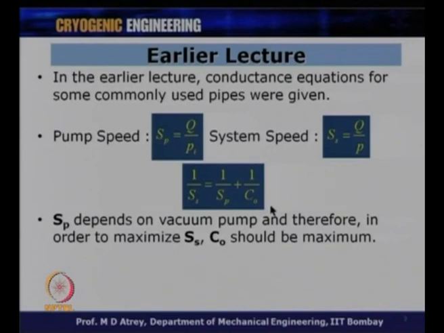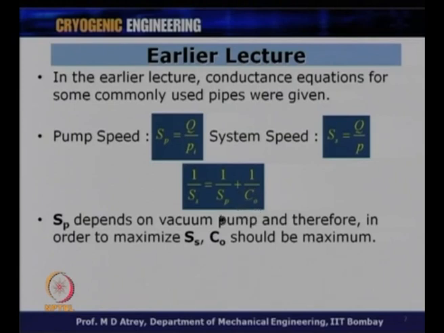Can I use big diameters? Can I use a minimum of curvatures? All this will decide how to maximize conductance, and that has to be done. In a good vacuum system design, CO has to be kept as high as possible. Normally, it will get governed by the geometrical placements or the configurations and things like that.